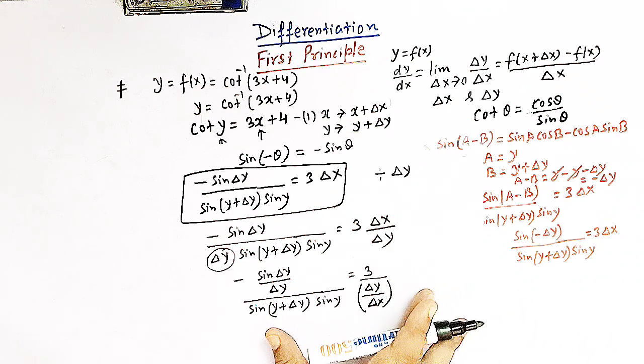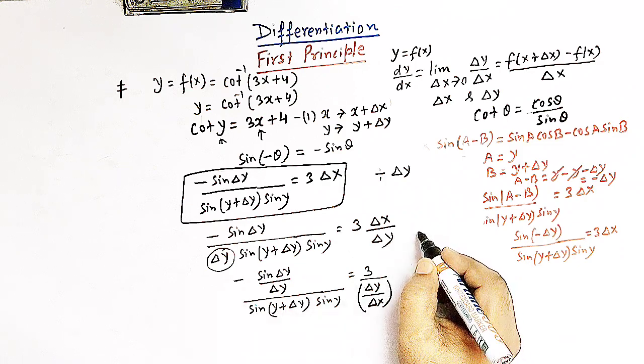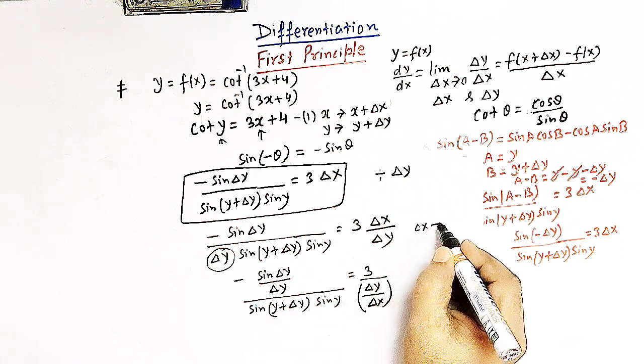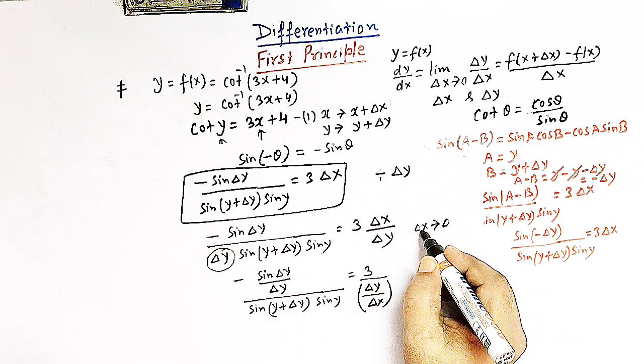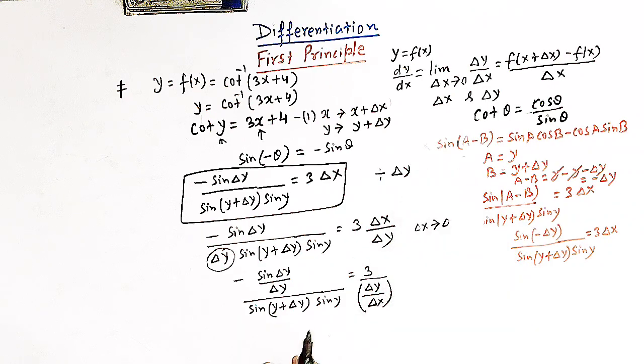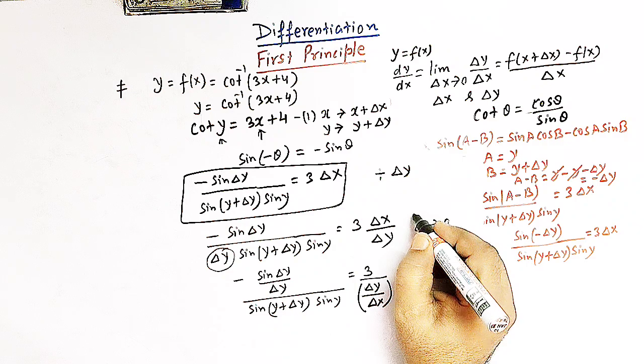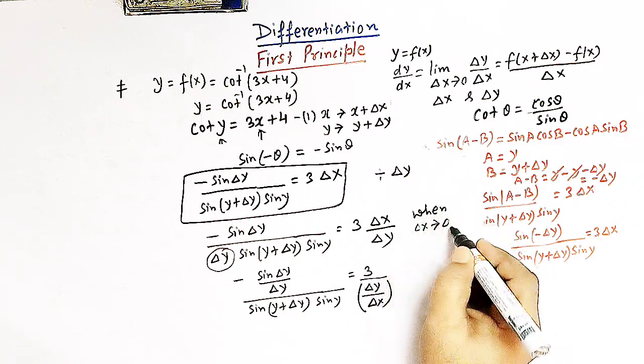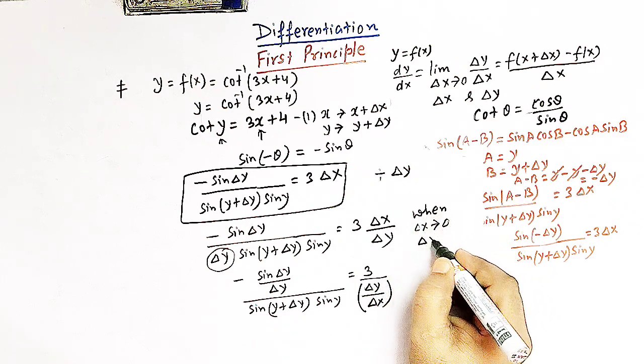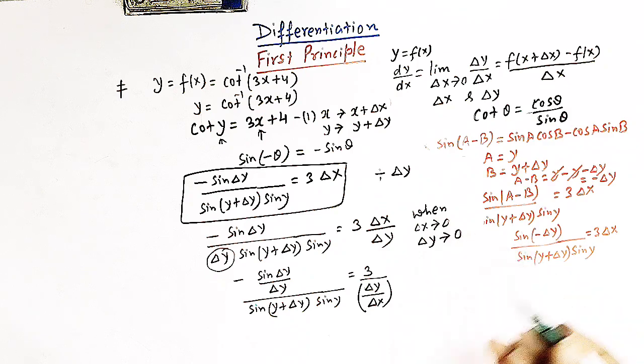Okay, now let us take a limit, that is delta x tends to 0, and remember delta x and delta y are small increments in x and y. So when we take delta x tends to 0, then delta y also tends to 0.